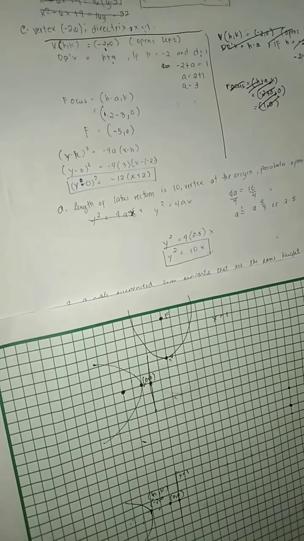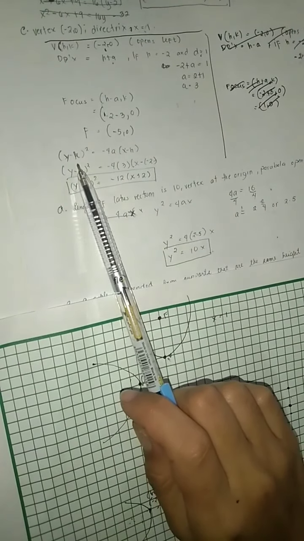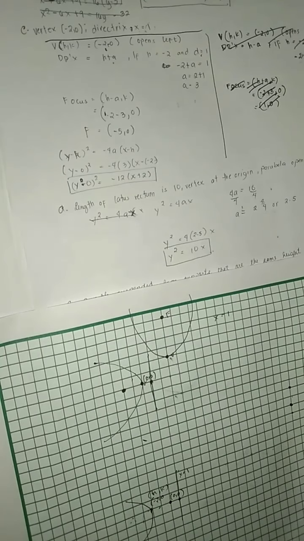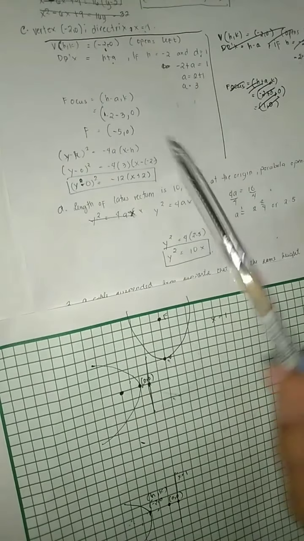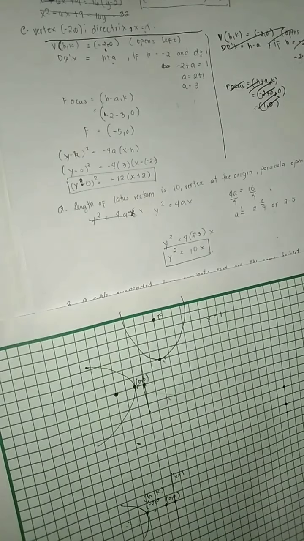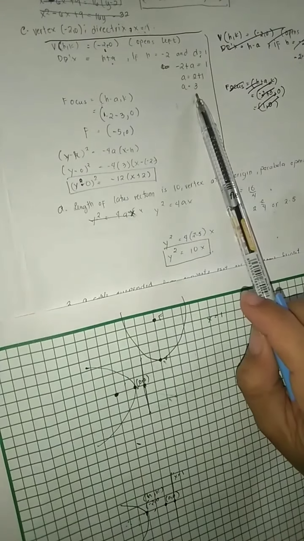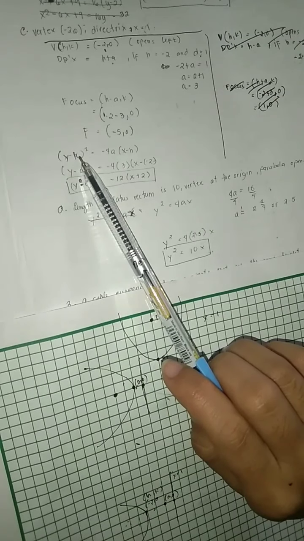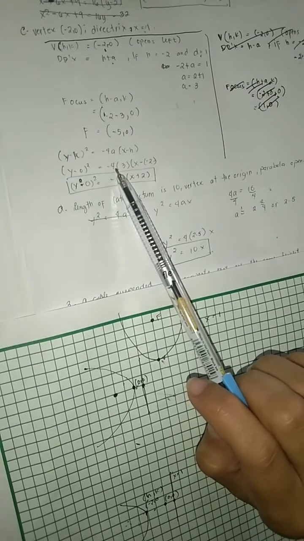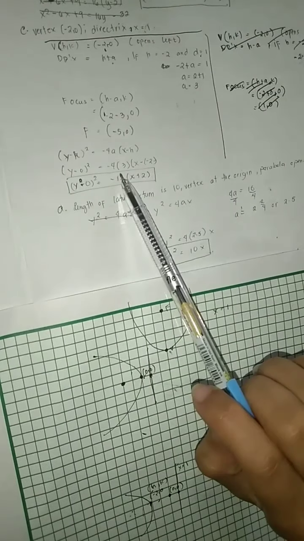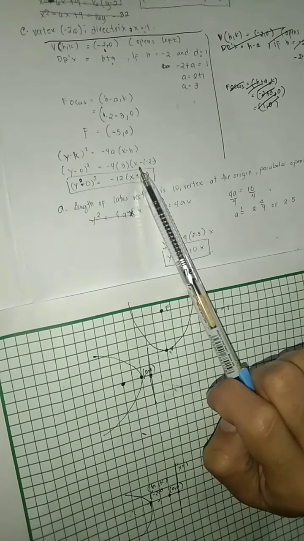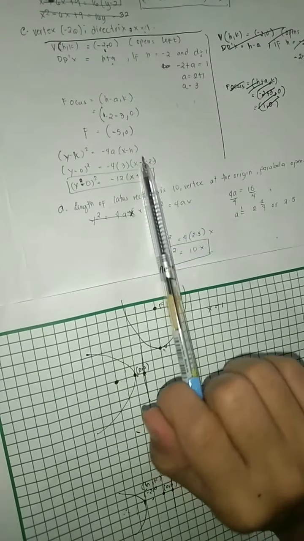So our equation should be (y minus k) squared is equal to negative 4a times (x minus h). That is the standard form for a parabola that opens to the left. Just substitute the coordinates of the vertex and the value of our a into the equation. So it's (y minus k, which is 0) squared is equal to negative 4a, which is 3, times (x minus h, which is negative 2).